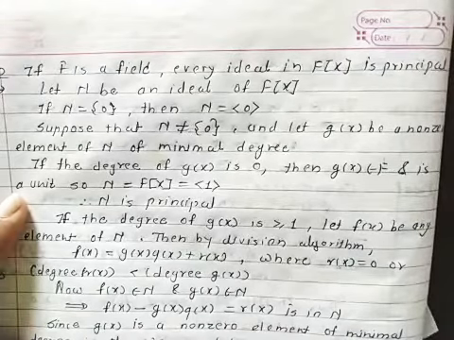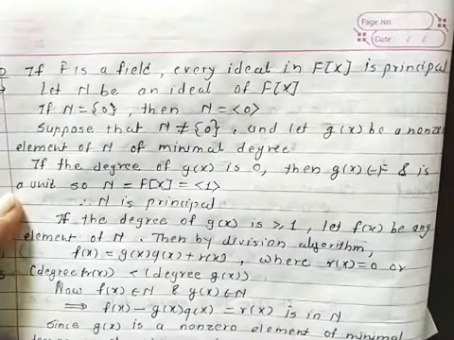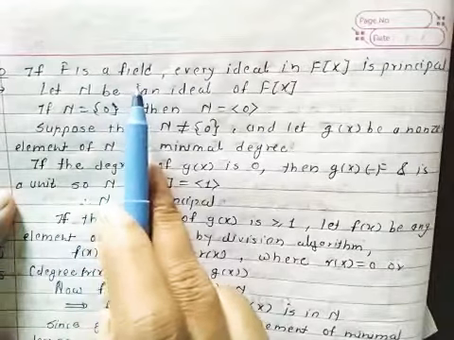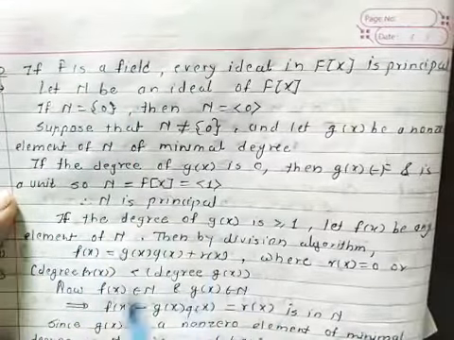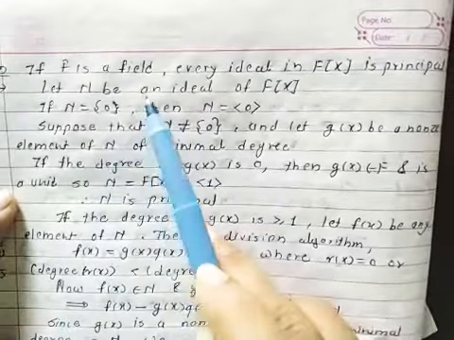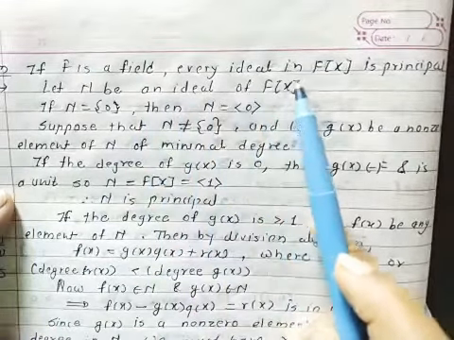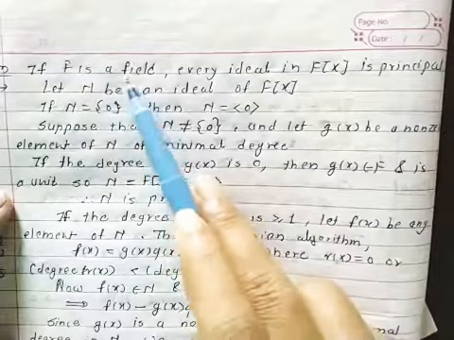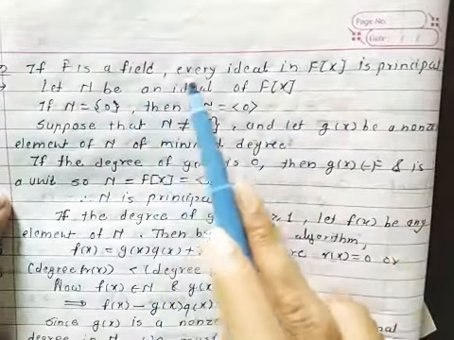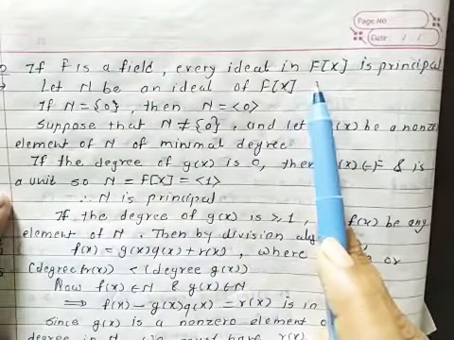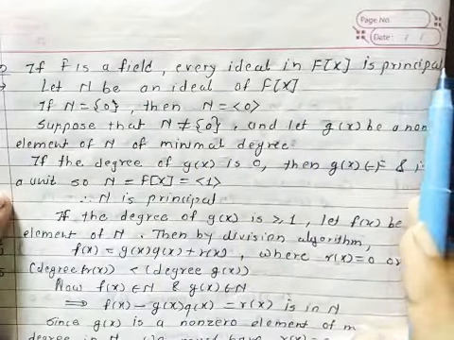Now let us see the statements of the last two theorems. First, if F is a field, meaning a commutative ring with unity in which every non-zero element has a multiplicative inverse, then every ideal in F[x] is a principal ideal.